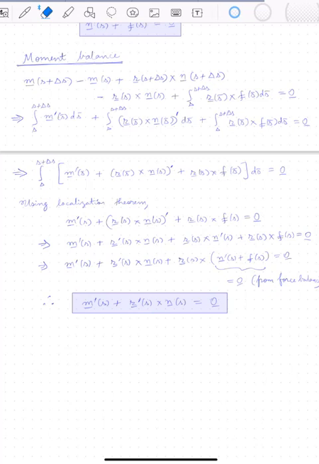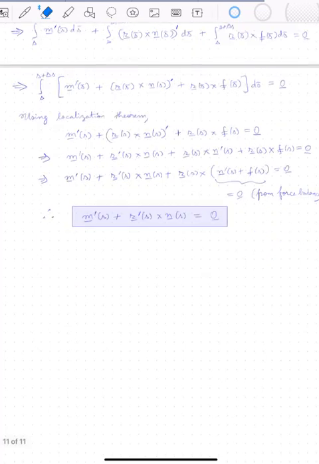Now what we do is, let's write these equations in component form.